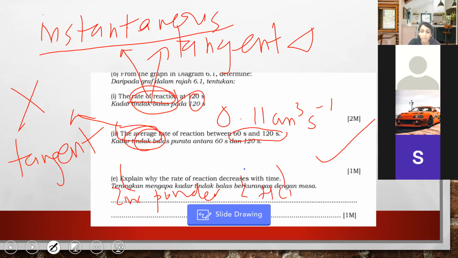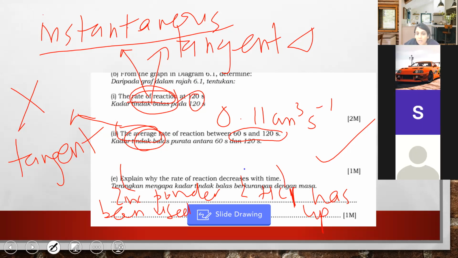Sorry, teacher is using my finger because my pen doesn't want to work. And you must understand the concept: amount will decrease with time. Do you all understand so far what teacher is saying? Can I move on to the next?